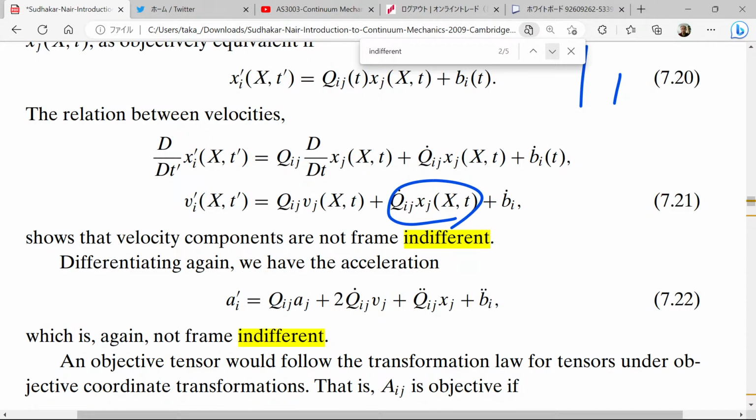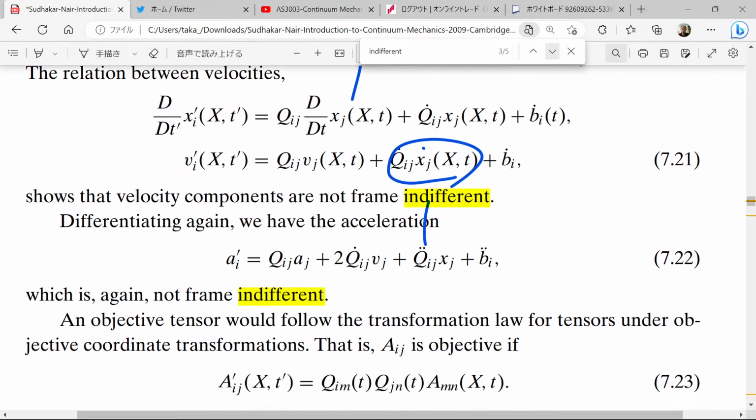Differentiating again, we have the acceleration. A prime is Qij aj, plus Q dot vi, plus Q double dot ij xj, plus b double dot i, which is again not frame indifferent, because you have this term and this term.